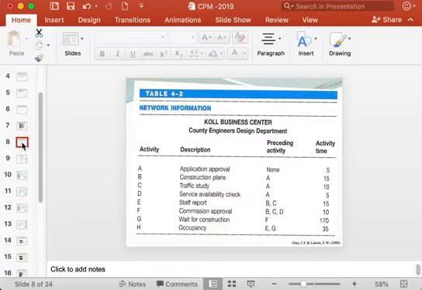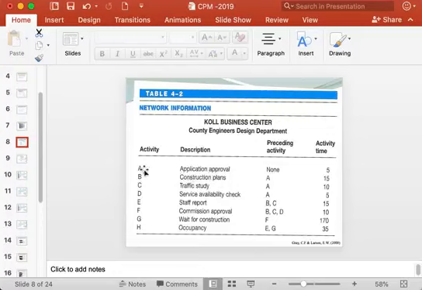Okay, so we will start with one example here. You can see the description of the activities and the identification number of each activity here. You can see A, B, C, D, E, F, G, H, and the description of each activity is provided here.